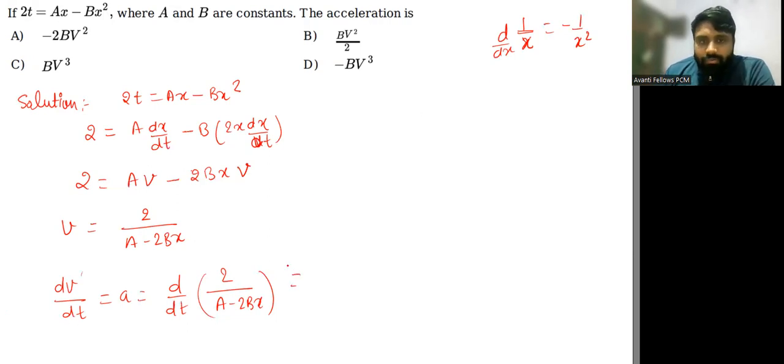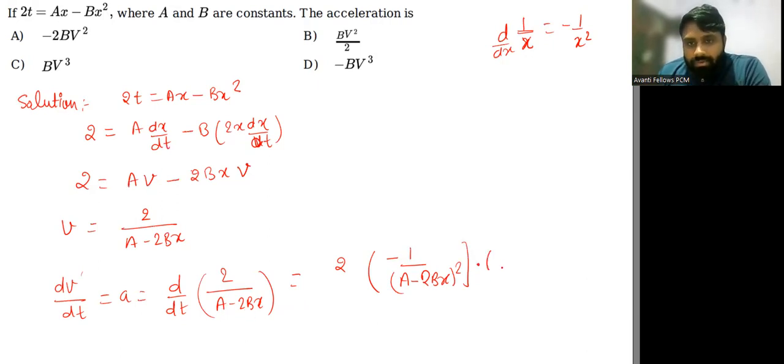We follow the same: 2 is a constant, so it will become minus 1 upon x square, and in place of x we have a minus 2bx whole square. But a minus 2bx is also a function itself, so we have to apply the chain rule and multiply with the differentiation of this function, which is minus 2b dx by dt.